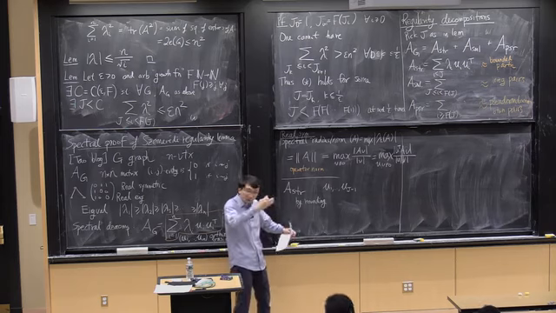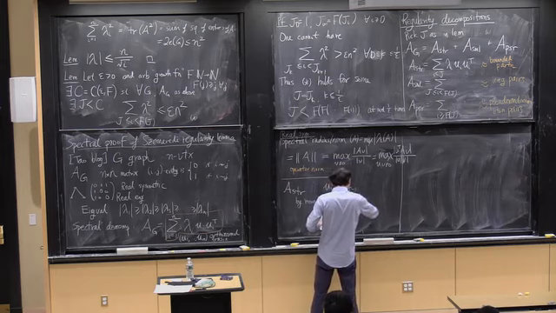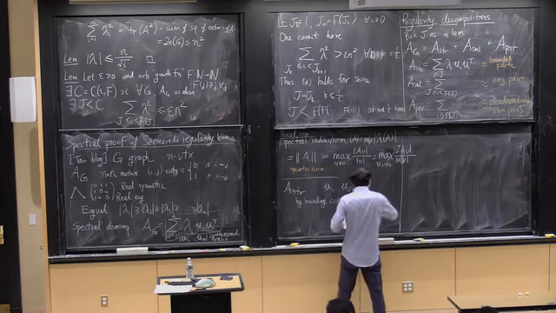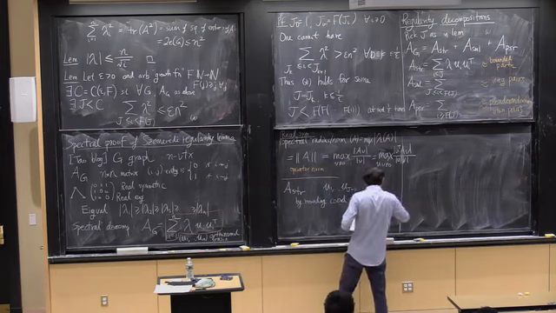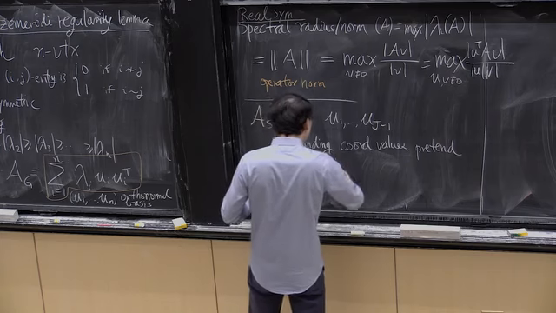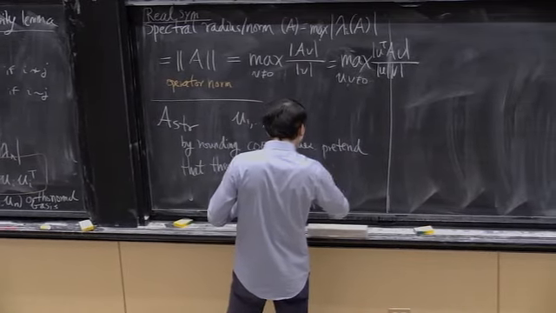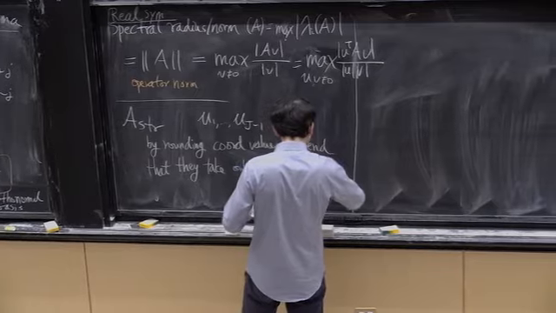So when you round the individual values by rounding the coordinate values, let's pretend that they take only a small number of values.